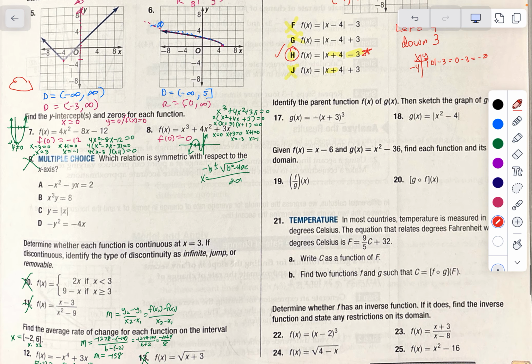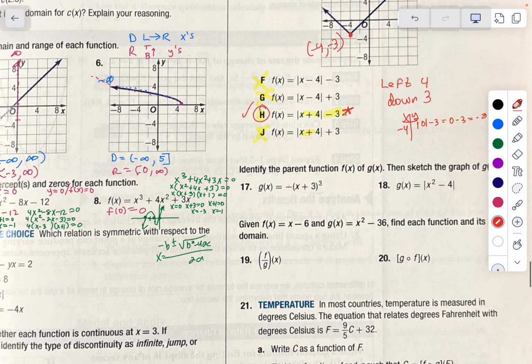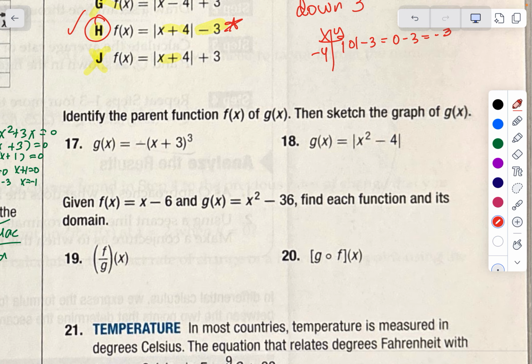Let's look at 17 and 18. They say, identify the parent function, sketch the graph of the new function. Our parent function for this one is x cubed. It's got a cube there. Hopefully you identify that it's going to be a flip, and it's going to move left 3. Okay?